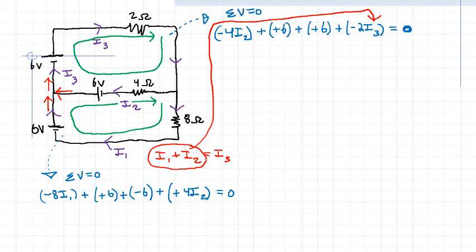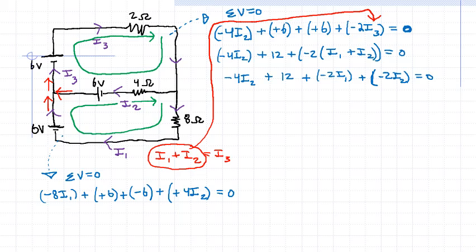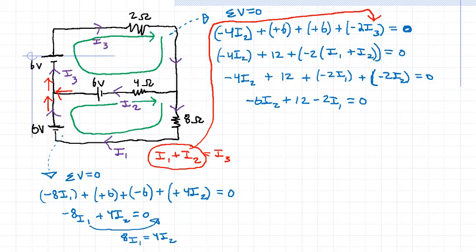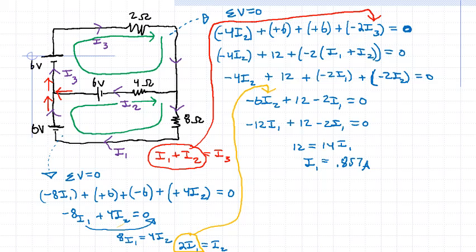I'm going to isolate my variables. I'm going to solve for I3 and place this in for I3, factor that in. And so now that's good. I've got I1s and I2s, which I have with my final equation. I can simplify there and place this into here. And I get 0.857 amps.